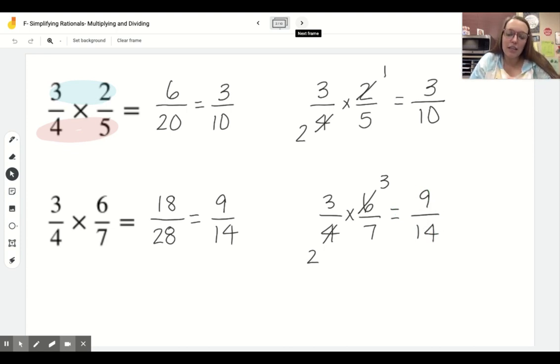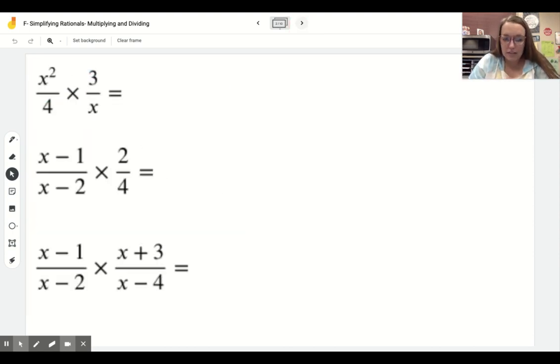The main idea here is that you're multiplying across the top. That's your new numerator. You multiply across the bottom. That's your new denominator. So we can also do this with some x's. Multiply across the top, 3 times x squared is 3x squared. Multiply across the bottom, 4 times x.